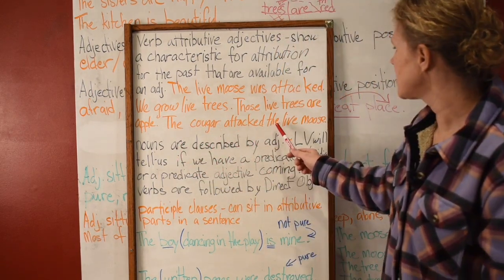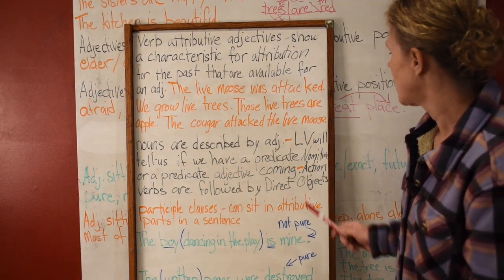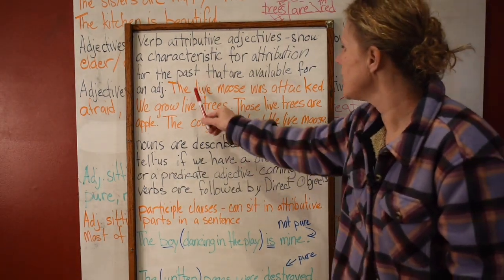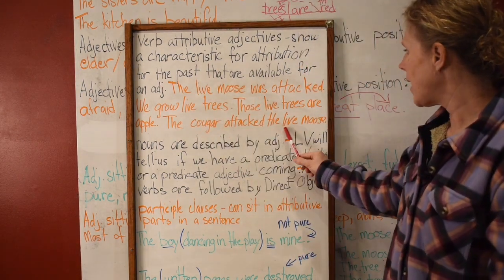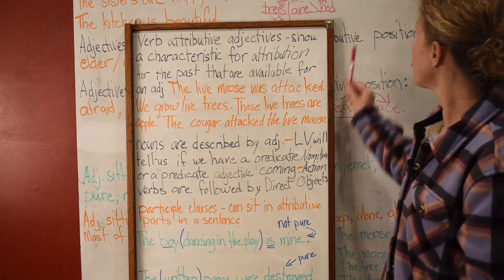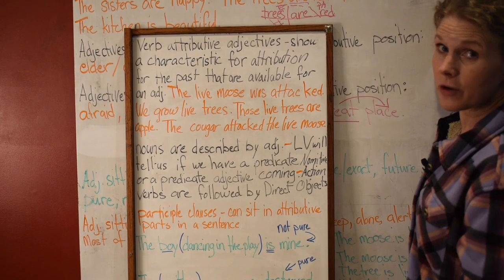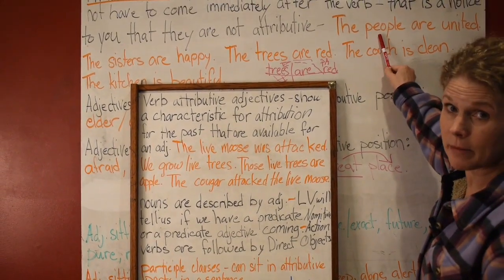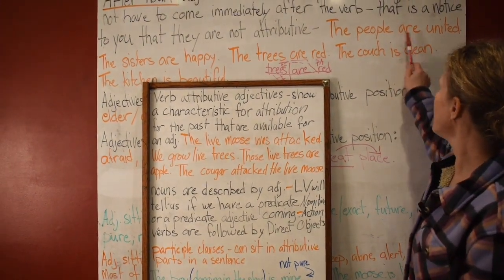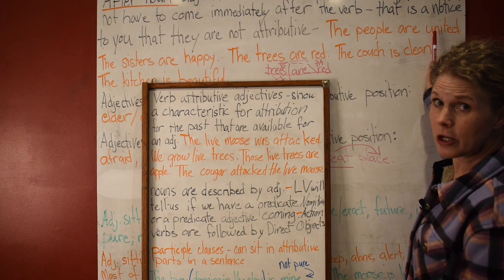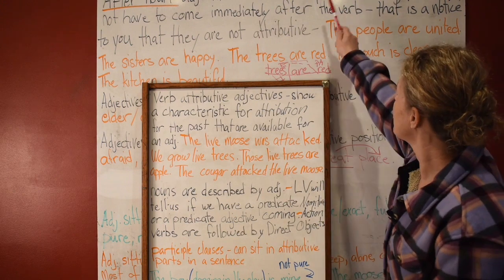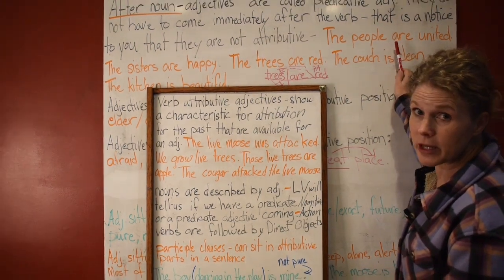So the cougar attacked the live moose. Here live is sitting in the predicate, but it's in the attributive position because it's right before the noun that it affects. Right here is after the verb, and it's going back and describing the subject. So that's when you have a linking verb. Linking verbs are linking your adjective back to the subject. That's why predicative adjectives are connected to linking verbs.